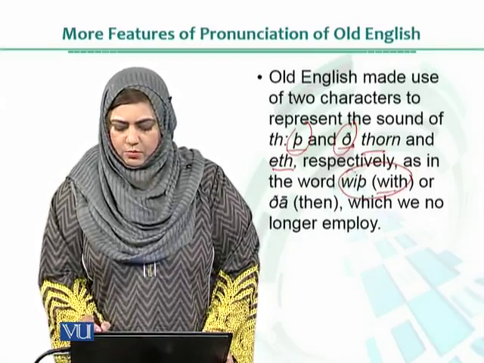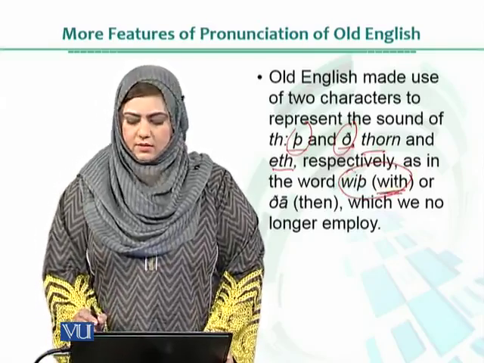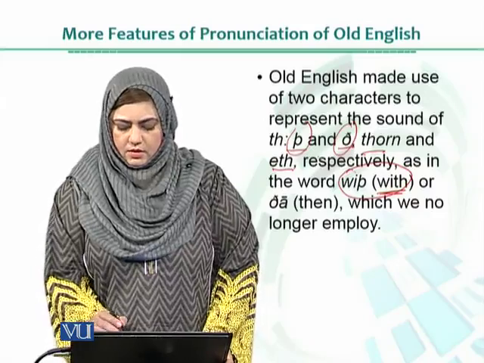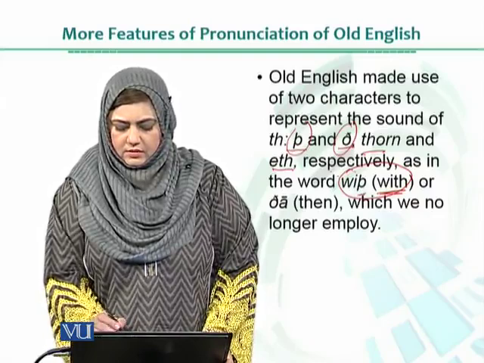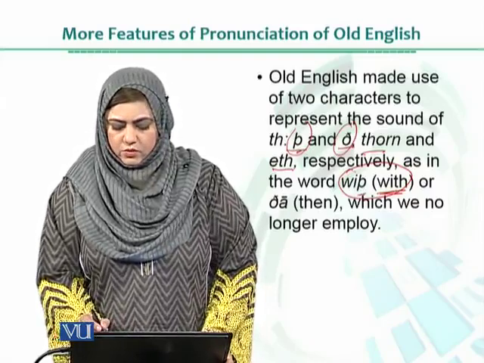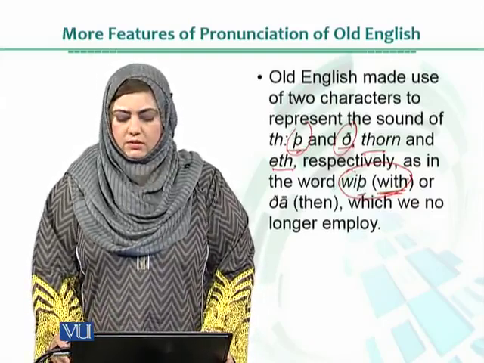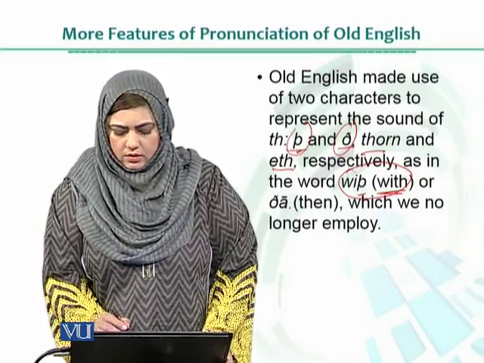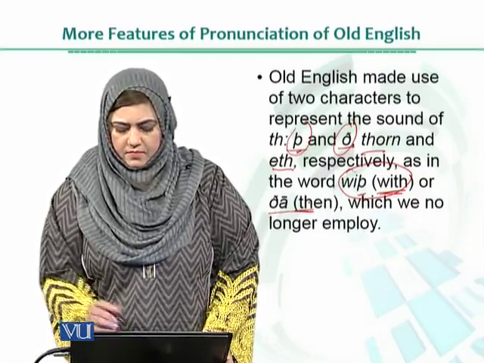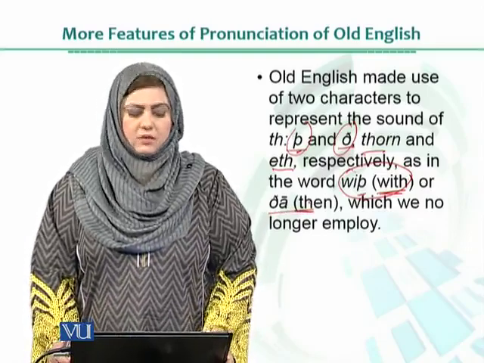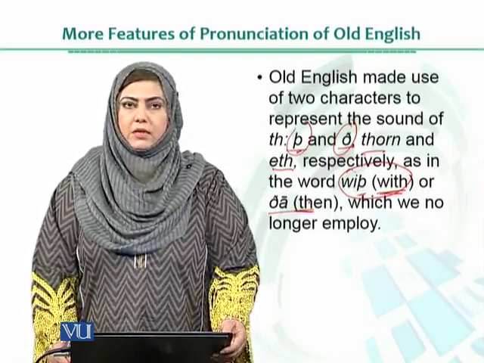Notice this word, this is the modern pronunciation, with. This particular sign, notice it here. This was used for the sound th, as in with, or then, which now we do not employ anymore in modern English.